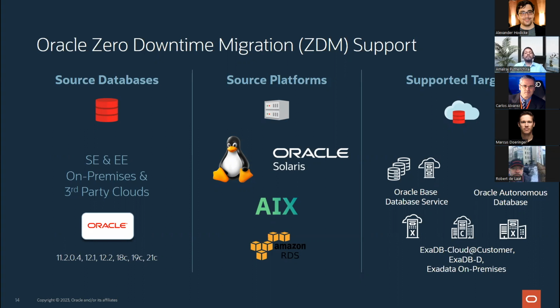For the source platforms, it supports Oracle Database running on Linux, Solaris, AIX, and Amazon RDS. And for the target, all the PaaS Oracle Database services in OCI, which are the co-managed databases like Oracle Base Database or Autonomous Database, and ExaDB-D, and even Exadata on-premises is supported by ZDM.